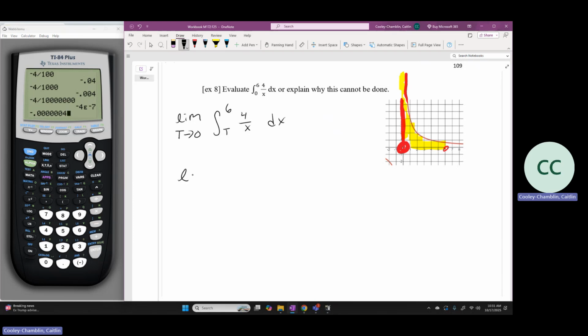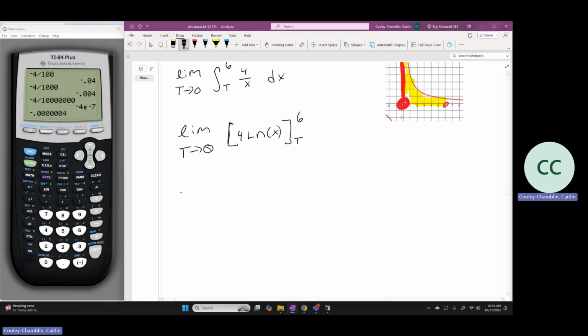So I get the limit as t approaches 0 of 4 ln of x from t to 6. I'm going to plug in 6. I'm going to plug in t. So I'm going to take the limit as t approaches 0 of 4 ln of 6 minus 4 ln of t.